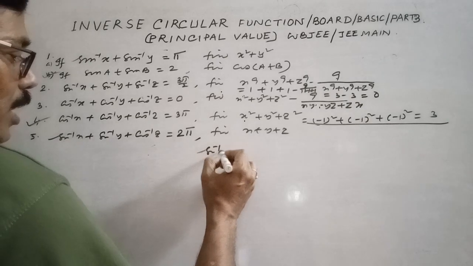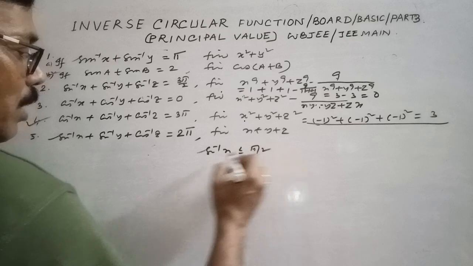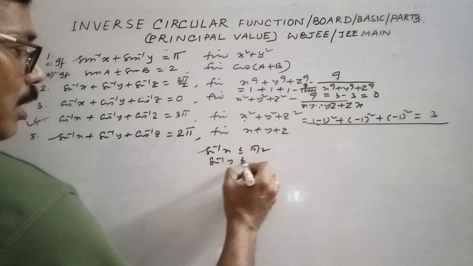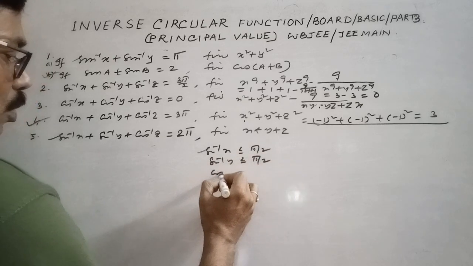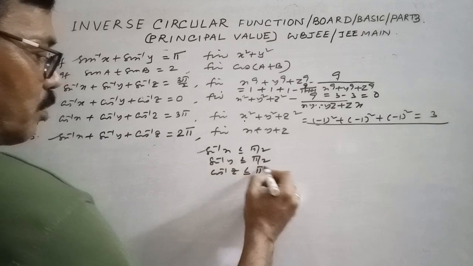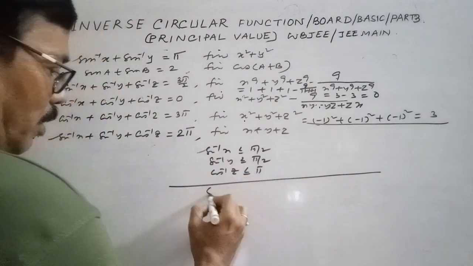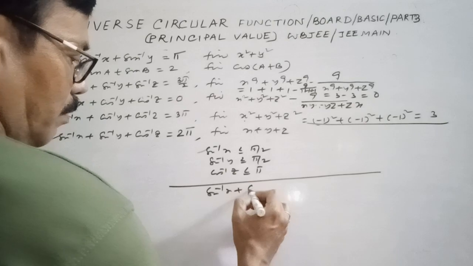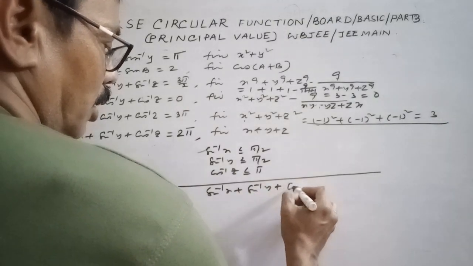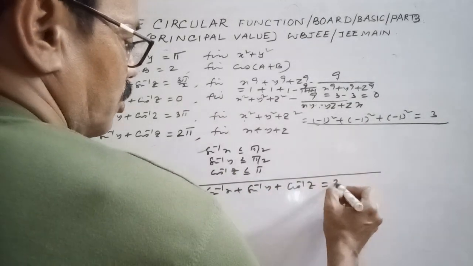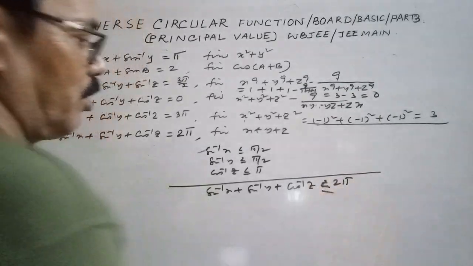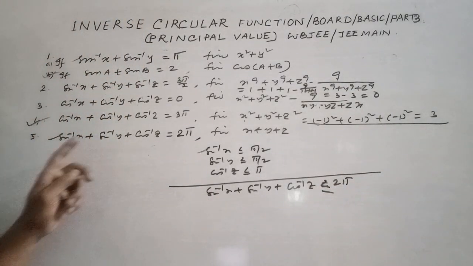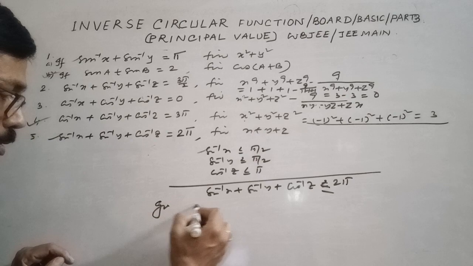So you write sin inverse x less than or equal to pi by 2, sin inverse y less than or equal to pi by 2, cos inverse z less than or equal to pi. So if you add sin inverse x, sin inverse y and cos inverse z, the sum is less than or equal to 2 pi. And what is the given value?